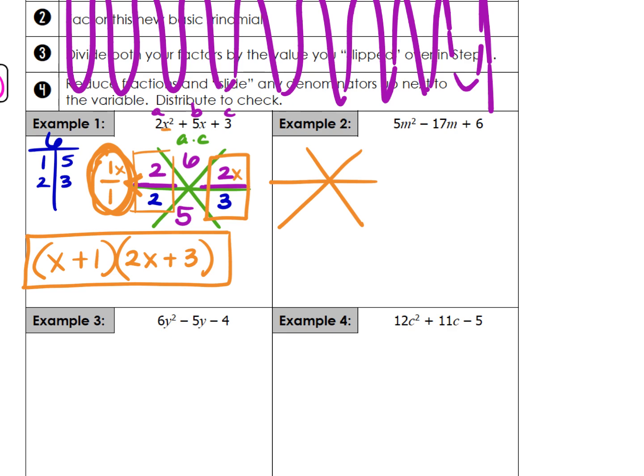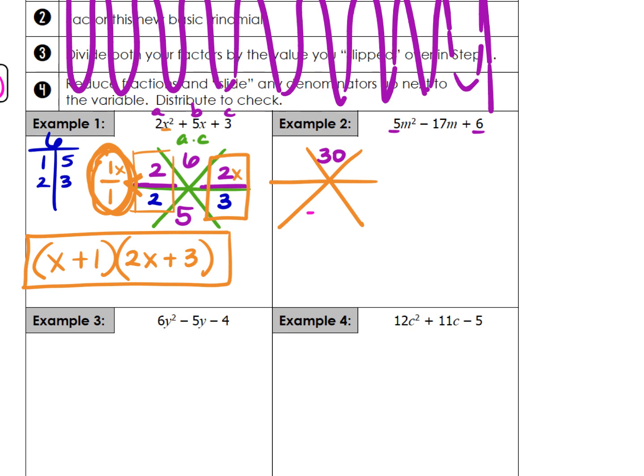What goes up top? 30. Why? 5 times 6. A times C is 30. Not 6. 6 is tempting. Don't do 6. So 30 up top. What goes on bottom?